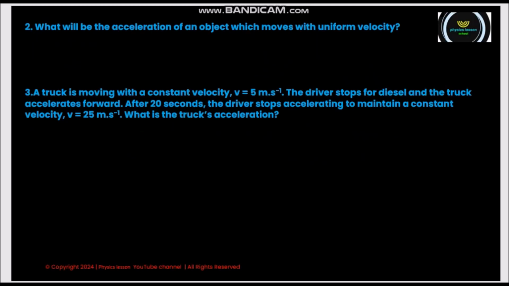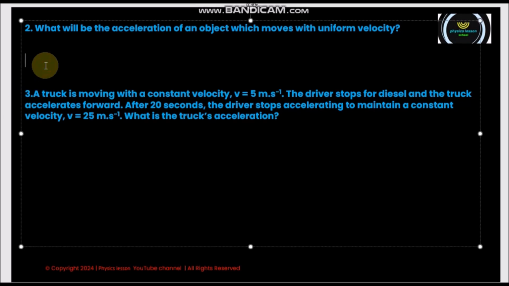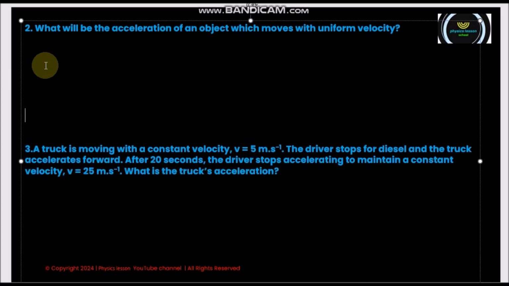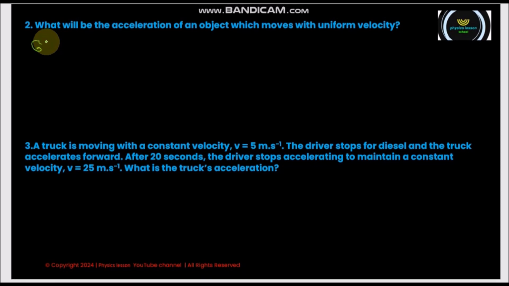Good. Let's see another example. What will be the acceleration of an object which moves with uniform velocity? That means, what do you mean by uniform velocity? Okay, you have given here uniform velocity.